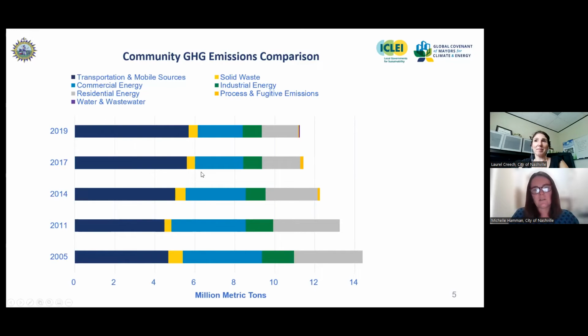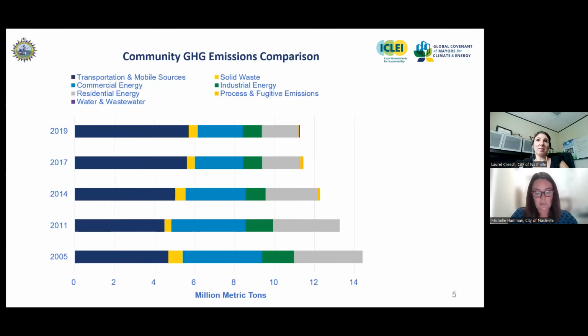As a little bit of an overview of these past inventories, as you can see, our emissions have been decreasing a little bit, but the more important thing is that our community emissions per person has been going down. Our population has increased from about 550,000 in 2005 to about 700,000 in 2019.